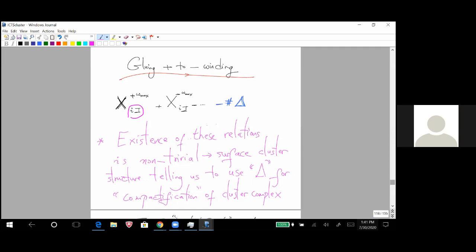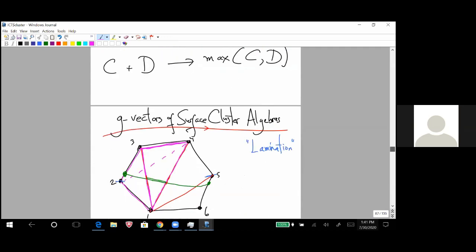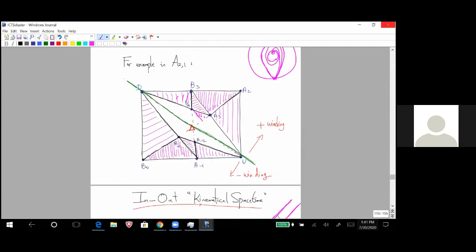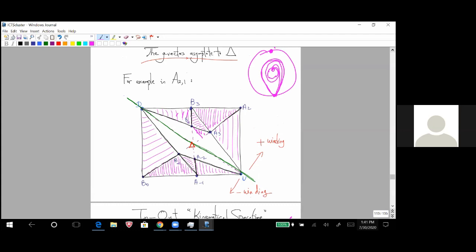If I give you the version of this picture for the version of what we're doing here for A12, remember I told you we have all these variables. Well, let's say that I decided to stop literally just at this relatively small amount of winding. Okay, if I stop here, I'm saying that there's a relation between the positive and the negative winding variables. For instance, I have that B3 plus B0, this is the maximally wound B, B3 plus B0 is equal to D plus delta.